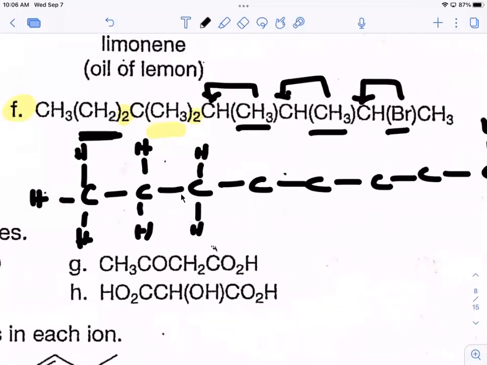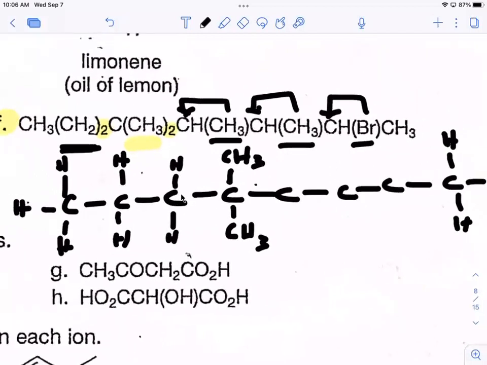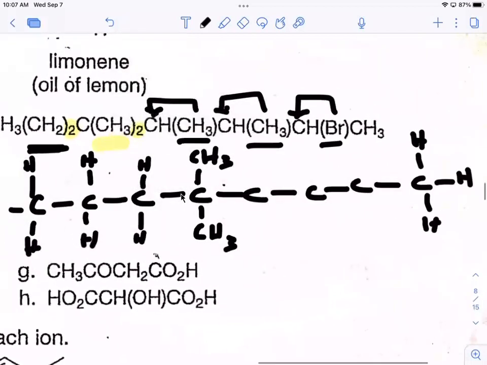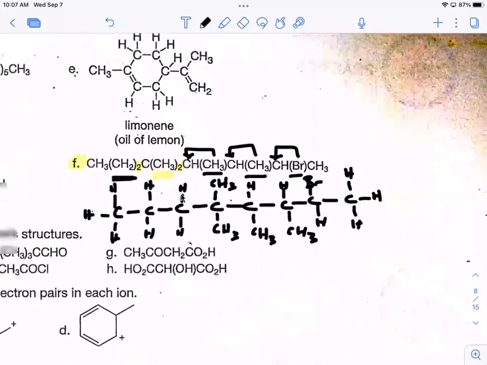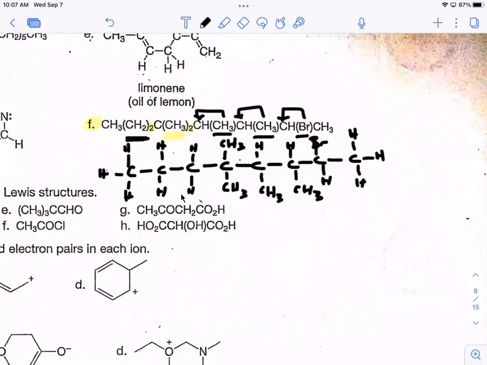This has two CH3s attached to it. And the next one is a CH, CH3. Next carbon is a CH, CH3. And then the next carbon is a C, and we'll put the bromine up top, CH with a bromine. So that's the Lewis form.